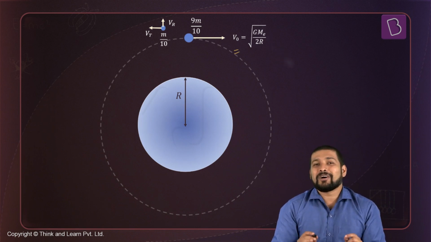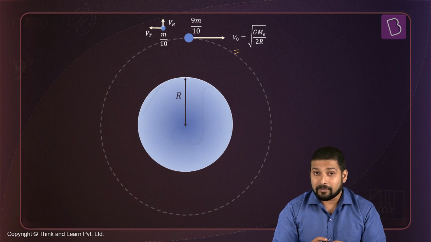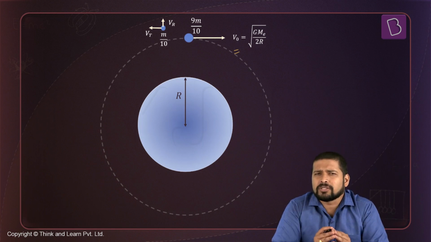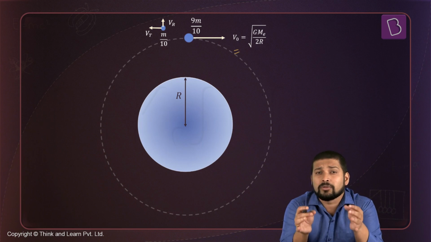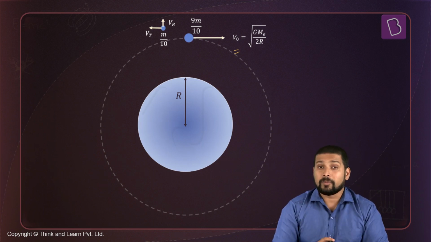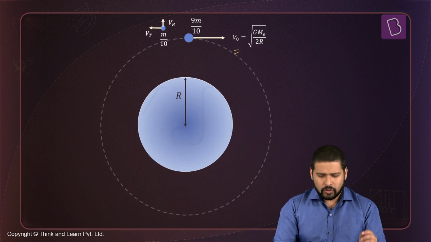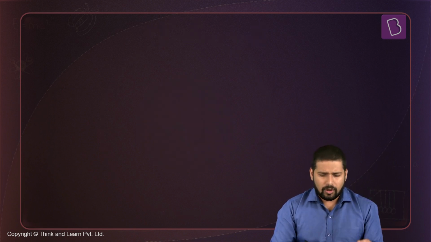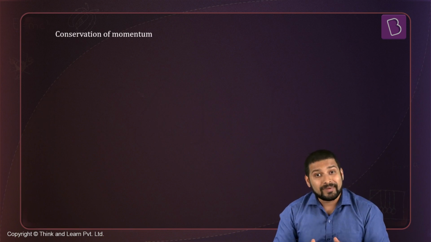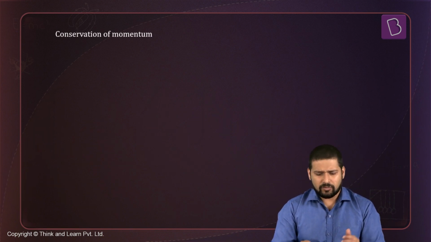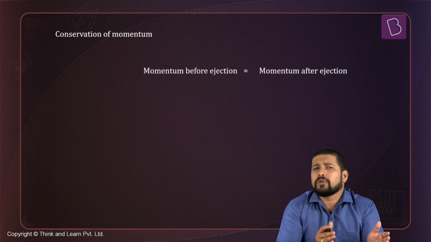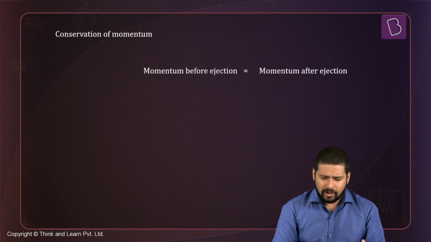If you talk about the rocket, its mass is m/10, and it is going to have some velocity, but this velocity can be broken down into two components: one in the radial direction and the other in the tangential direction. Then you have to apply the law of conservation of momentum: the momentum before ejection must be equal to the momentum after it.